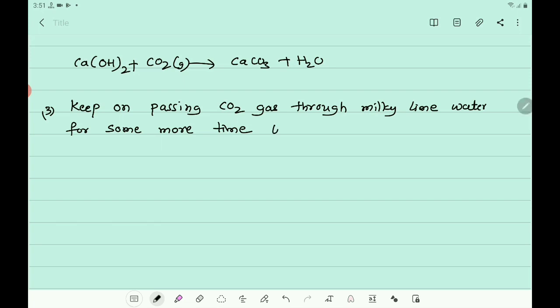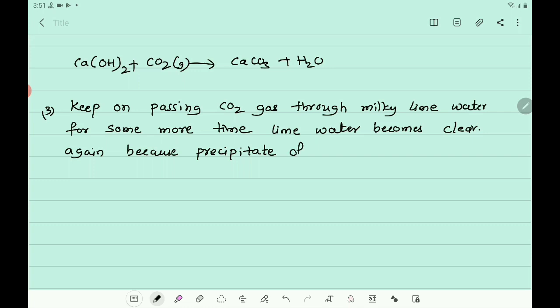Lime water becomes clear again, because the precipitate of calcium carbonate dissolves to form soluble calcium bicarbonate.